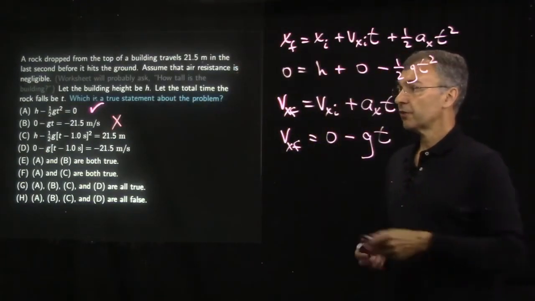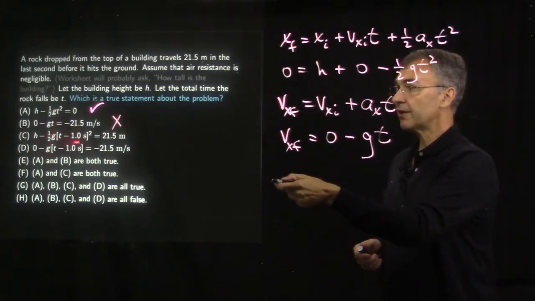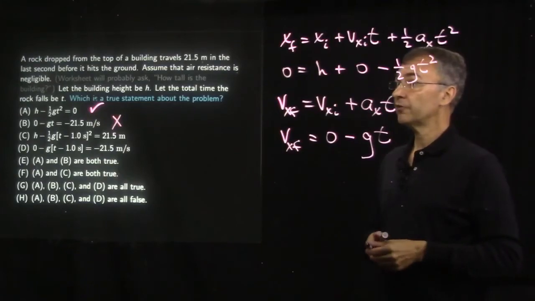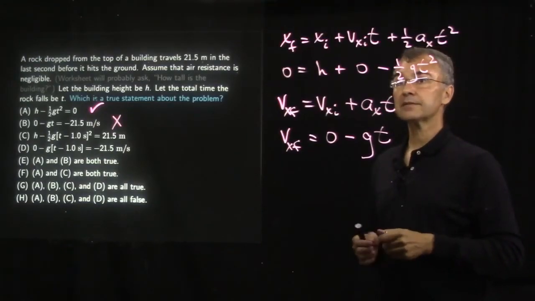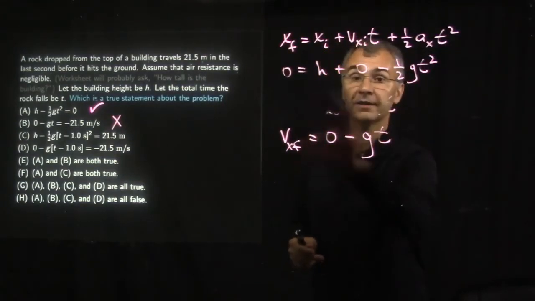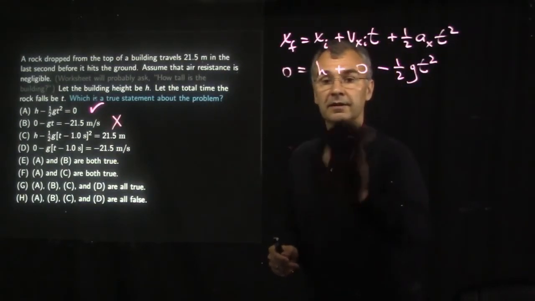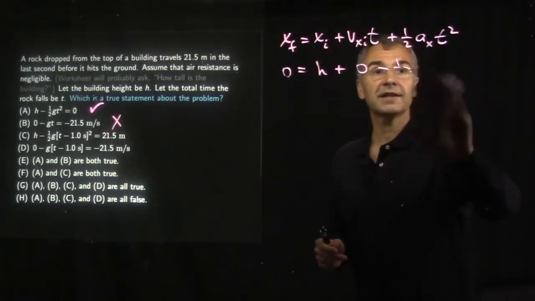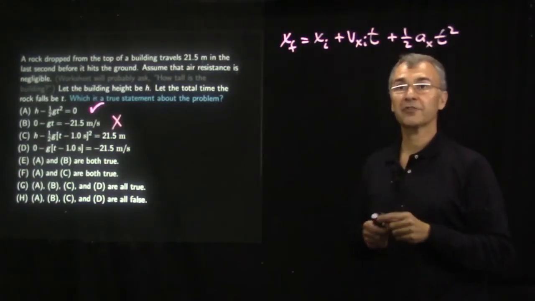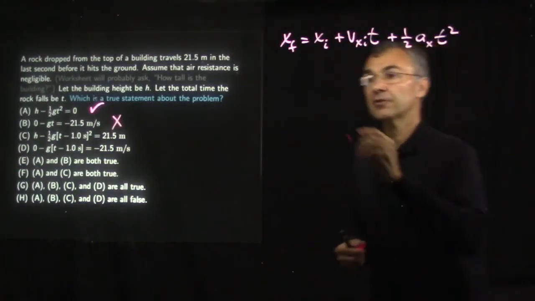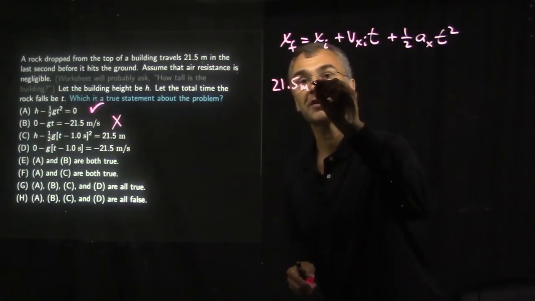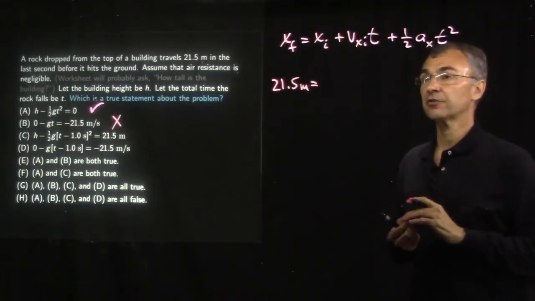Oh my goodness. h minus 1/2 g, t minus 1 second, all squared is 21.5 meters. I think that's true. What is this saying? Boy, this is really tricky. This is saying, let's plug in the time 1 second before it hits the ground. So that's saying 21.5 meters. That's the height 1 second before it hits the ground.